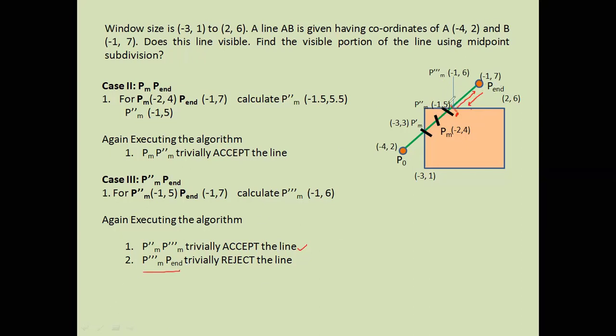This output leads to a non-zero value from the AND operation, so we can trivially reject the line.